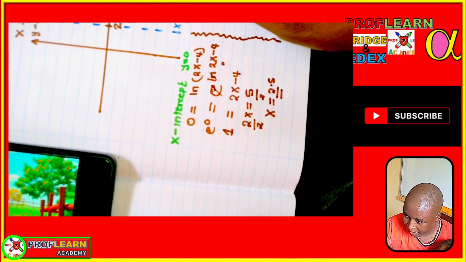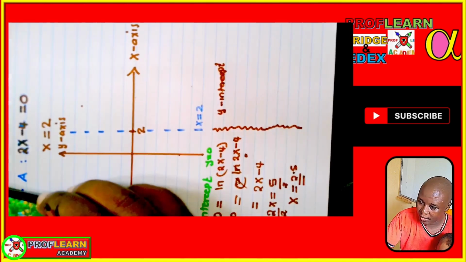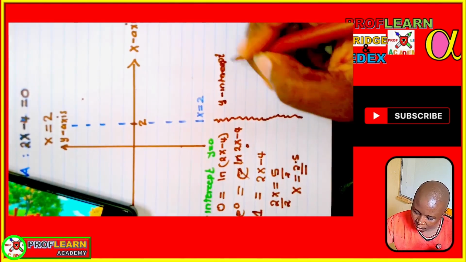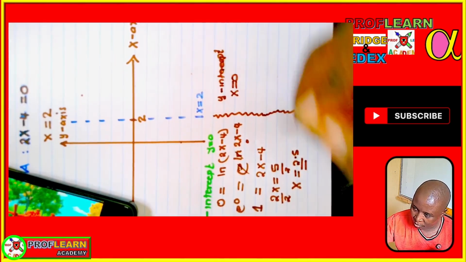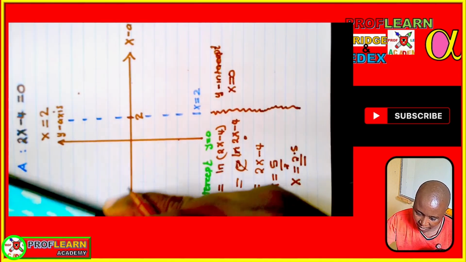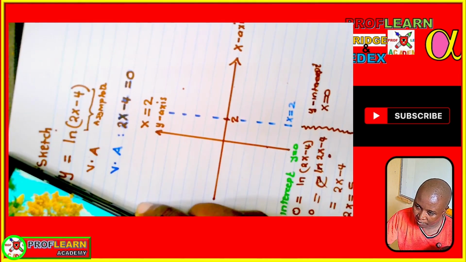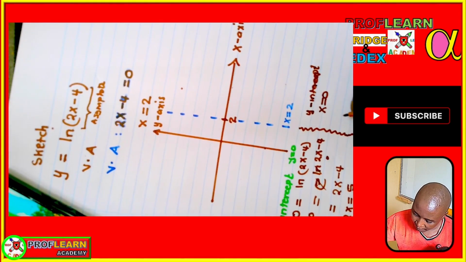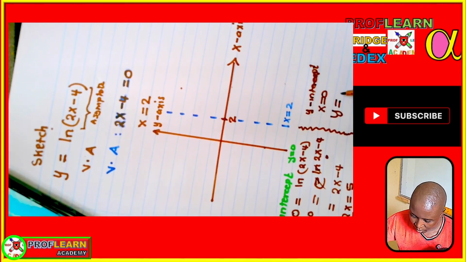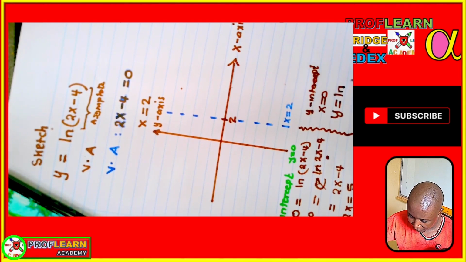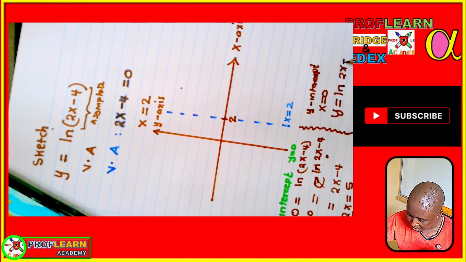At the y-intercept, x is equal to 0. We substitute into the original function, y is equal to ln of 2x minus 4.